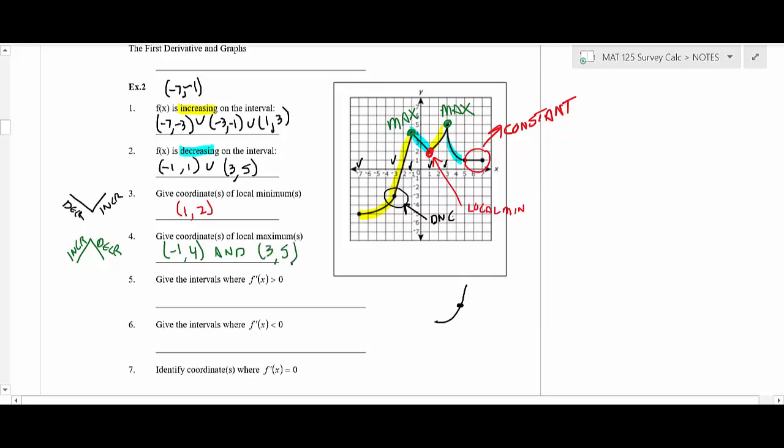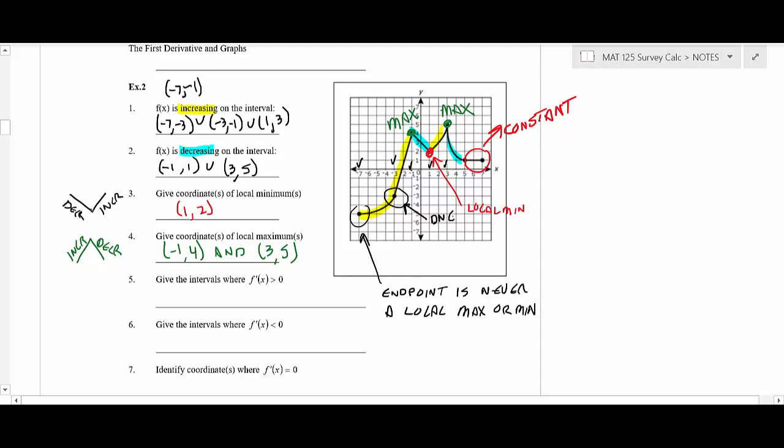Now you may be asking, how about all these other points like these endpoints? One thing that's worth writing down, because it's pretty important, is that an endpoint is never a local max or min. The reason for that is because it doesn't follow the definition.